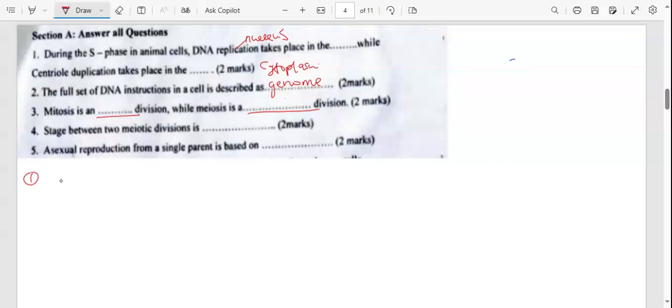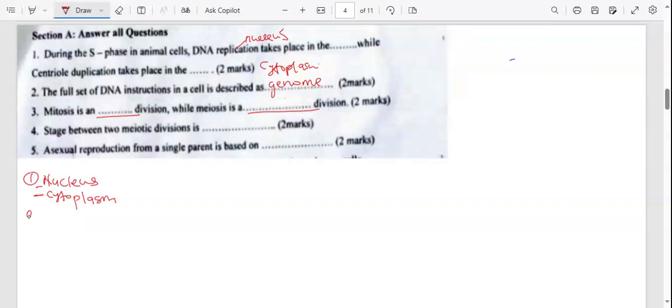All right. So for question one, we said DNA replication will take place in the nucleus. Then the replication of the centrioles, which are just floating in the cytoplasm, will take place in the cytoplasm, like that. All right.